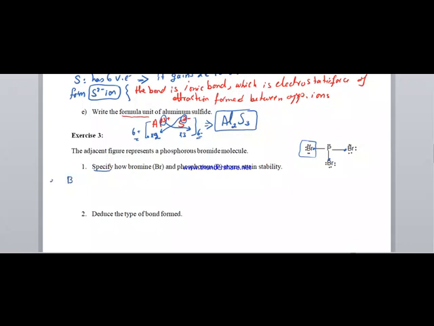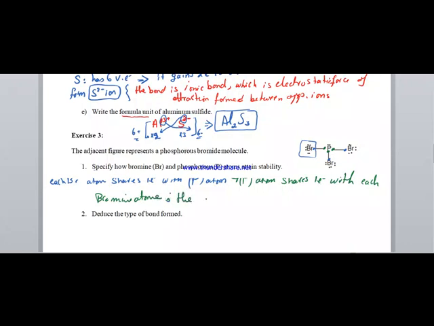So each Br atom shares 1 electron with the phosphorus atom, and the P atom also shares 1 electron with each bromine atom.